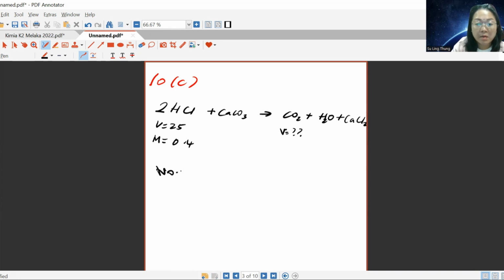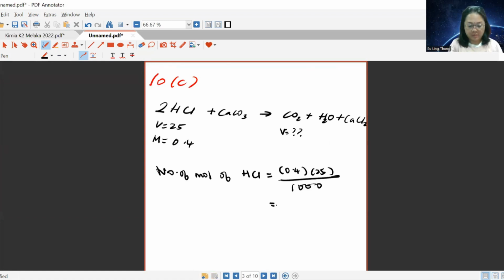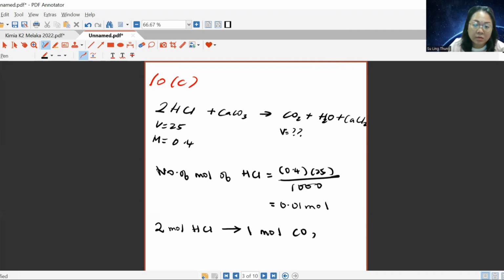So number of mole of HCl equals to MV over 1000, which is 0.01 mole.